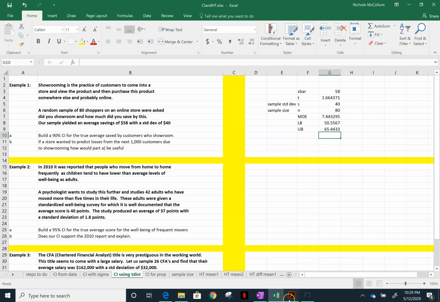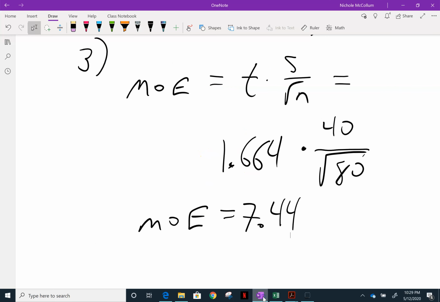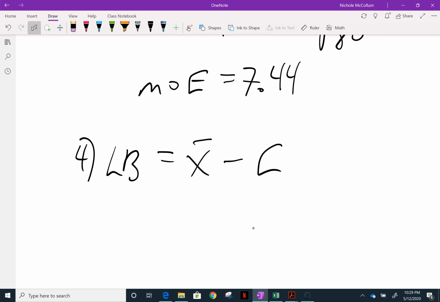Because again, the formula is x bar, the sample average, plus or minus the margin of error. And so that's what I'm doing here in step 4. I'm going to create the lower bound by finding x bar minus the error, and the upper bound by doing x bar plus the error.